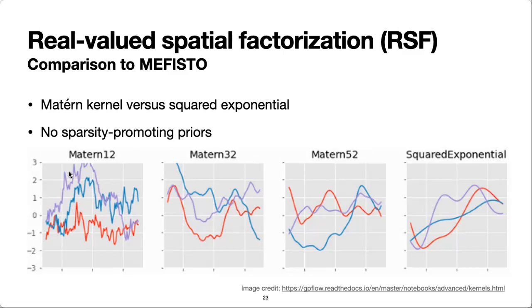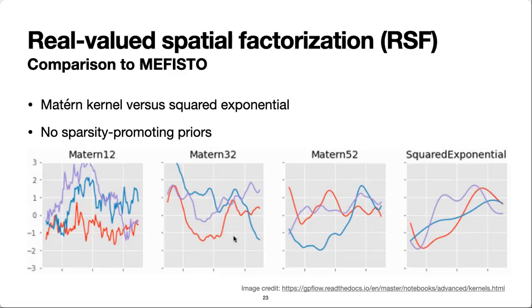The Matern 1/2 is also known as the exponential kernel, or I believe the Ornstein-Uhlenbeck process in applied math, but this is not very differentiable. For our application, we chose the Matern 3/2.